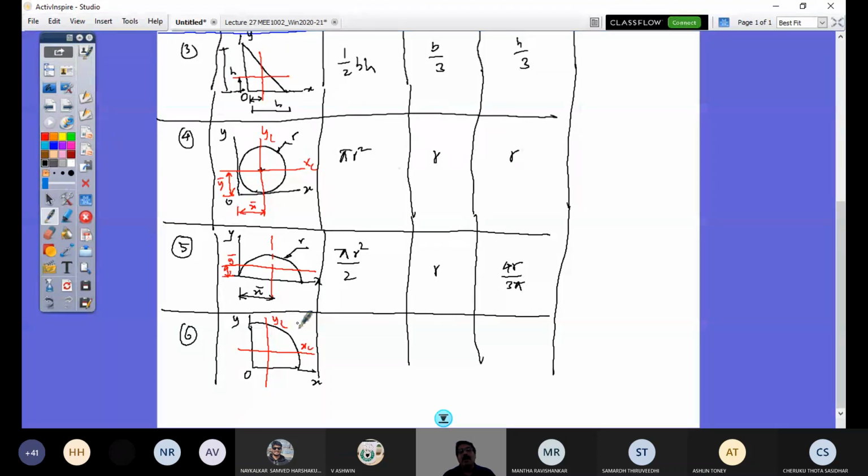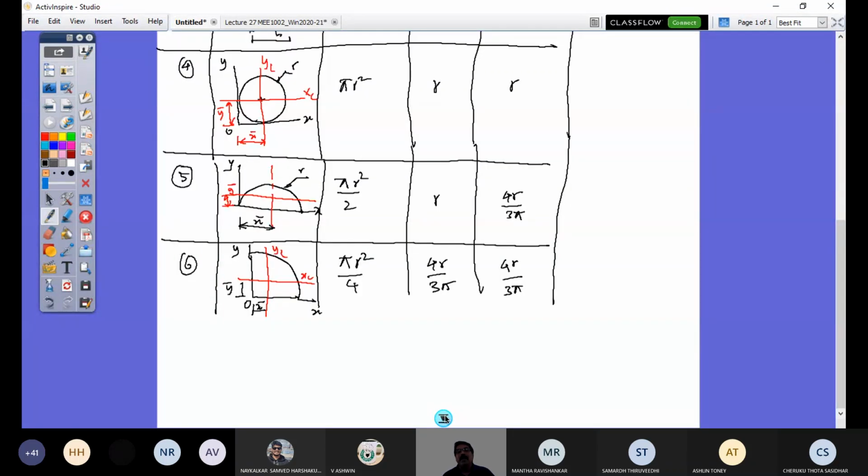Now the area value is 1/4 of the circle area. Where my centroid is located is, from here it is x bar, from here it is y bar. So x bar and y bar are equal, and that is equal to 4r by 3 pi.